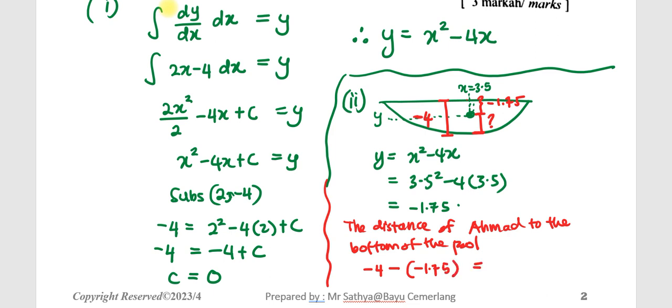How much will you get? I'm getting negative 2.25. But they're asking for distance only, so don't mention the negative. That is just the coordinate, right? So make it 2.25 meter. That should be the answer.